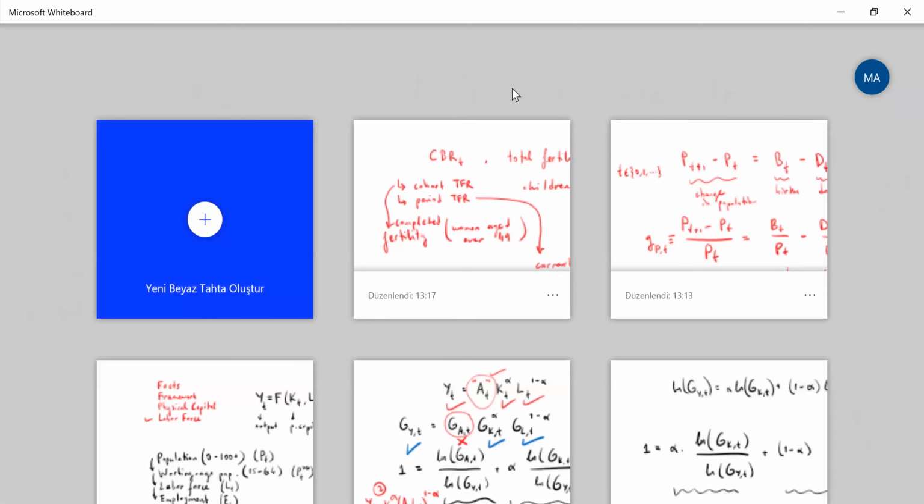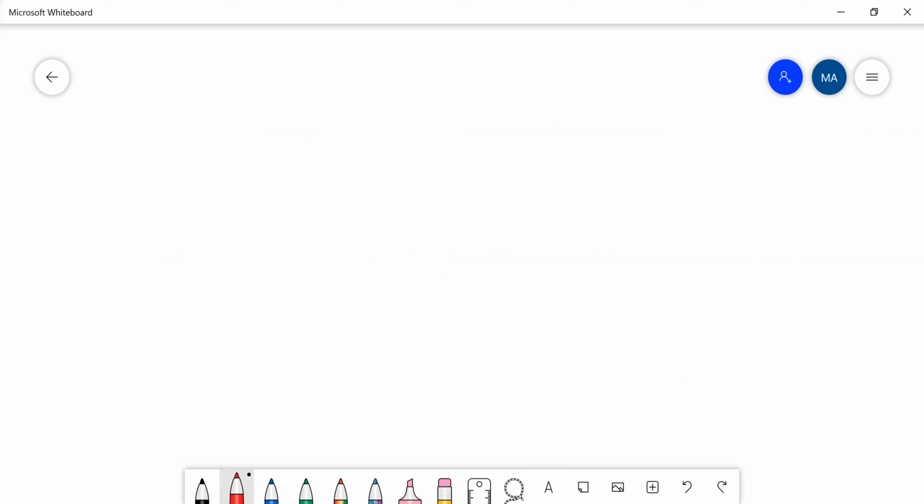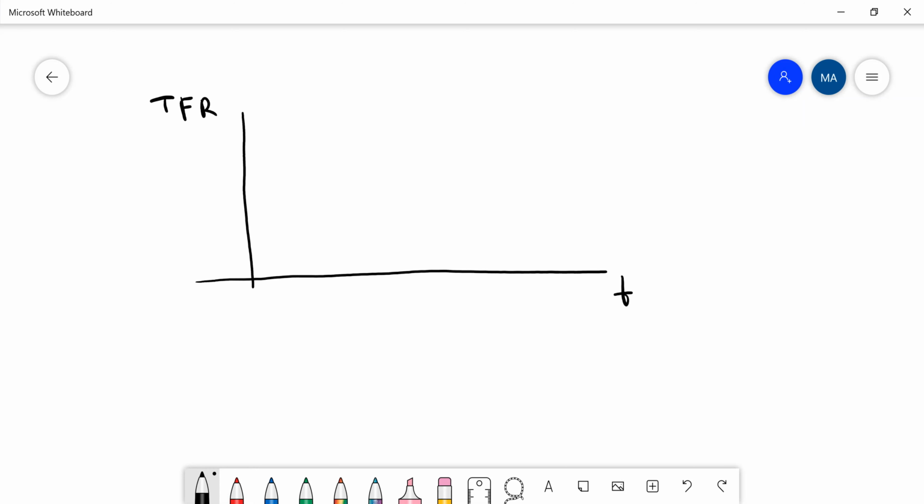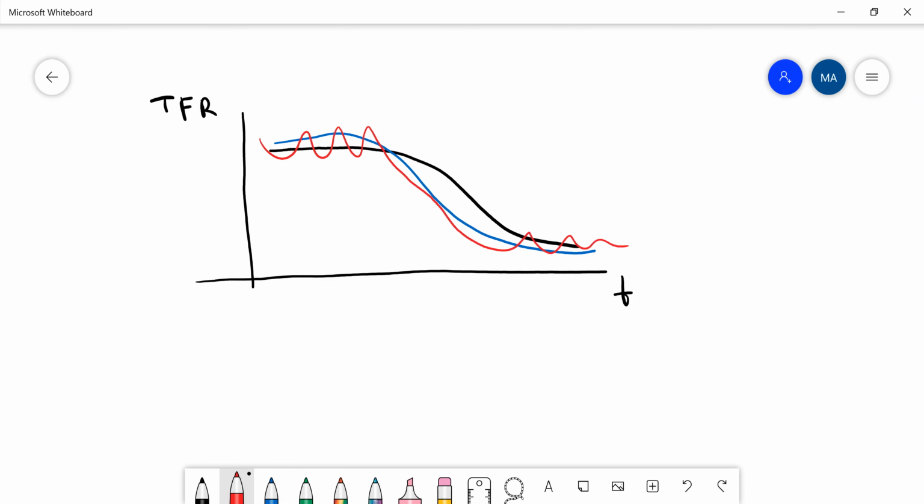And interestingly, that particular indicator, total fertility rate, either as a period fertility rate or cohort fertility rate, in time, is like this. I'm of course drawing the general pattern. More generally, you may see some fluctuations like this.